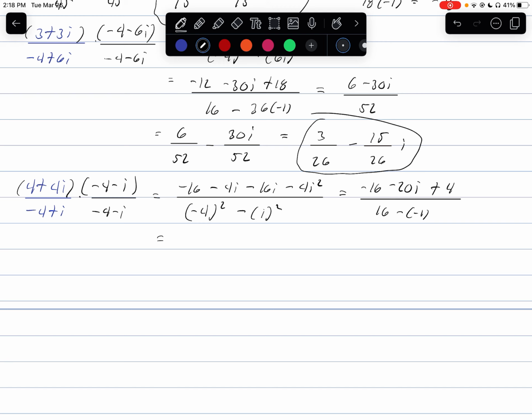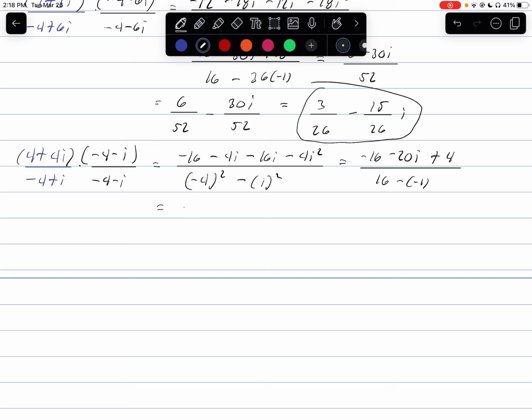So we'll have negative 16 plus 4, which is negative 12 minus 20i, over 16 minus negative 1, which gives us 16 plus 1, so 17. So our answer is going to be negative 12 over 17 minus 20 over 17i. And I think that's about as good as you're going to get as far as simplification goes.